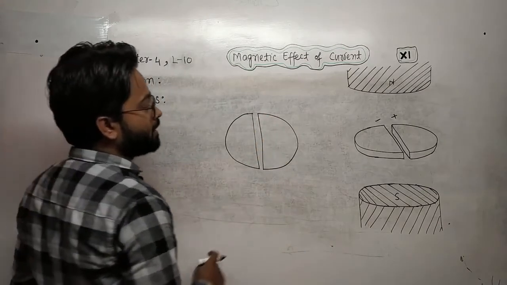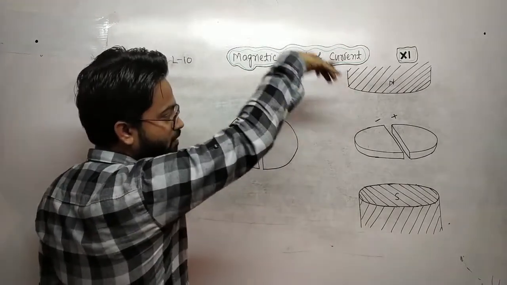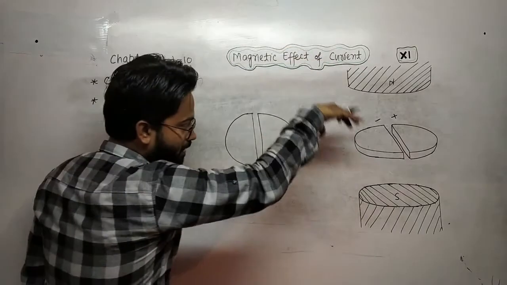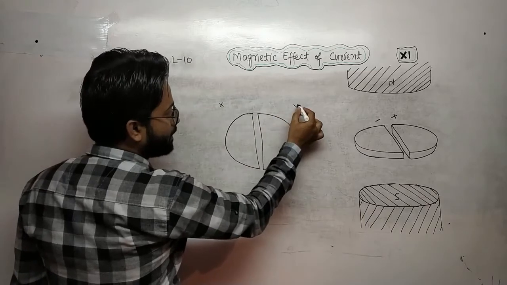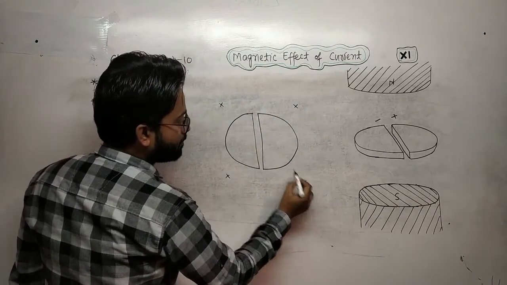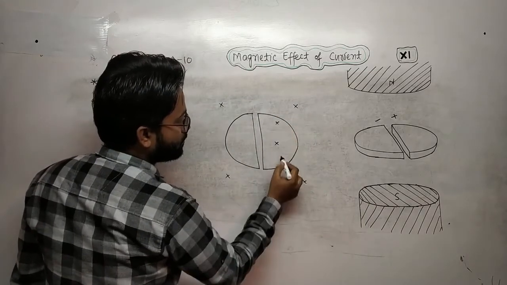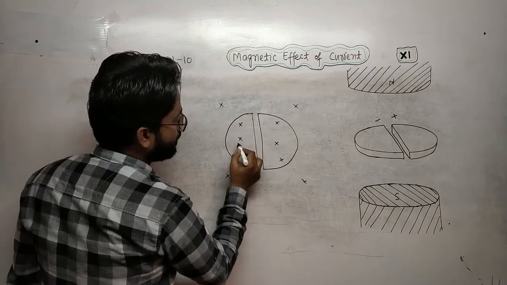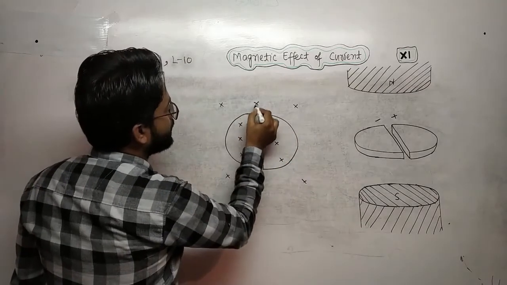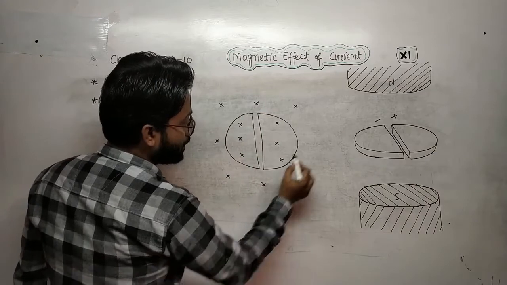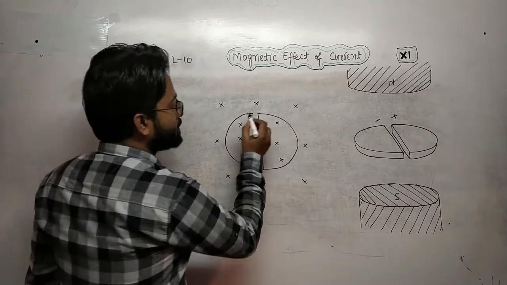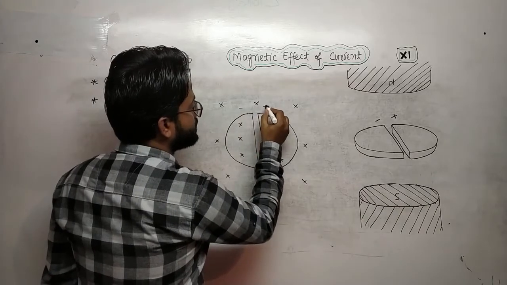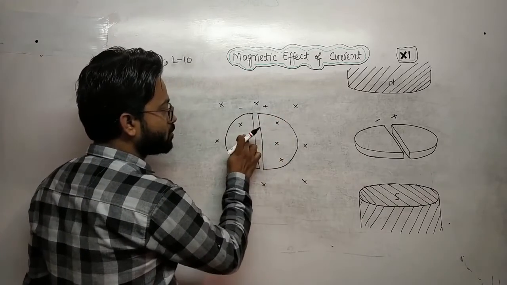Seeing from the top, the magnetic field will be into the plane. Hope you are getting it. This D is positive and this one is negative.